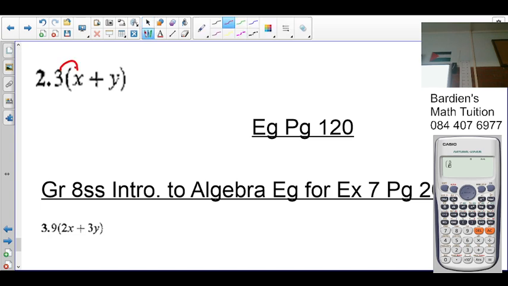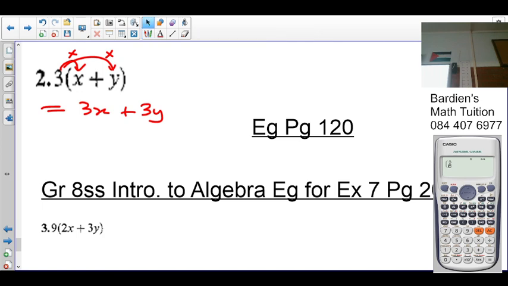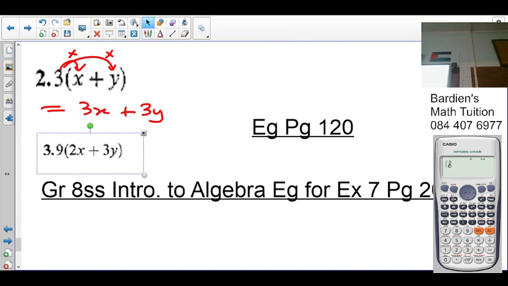You multiply the 3 and the x, and the 3 with the y. You see me doing these arrows? You do as I do. You make arrows. So 3 times x is 3x plus 3 times y is 3y. These arrows mean you are multiplying it out. Okay, you guys understand? Now the next one. Am I moving too fast?